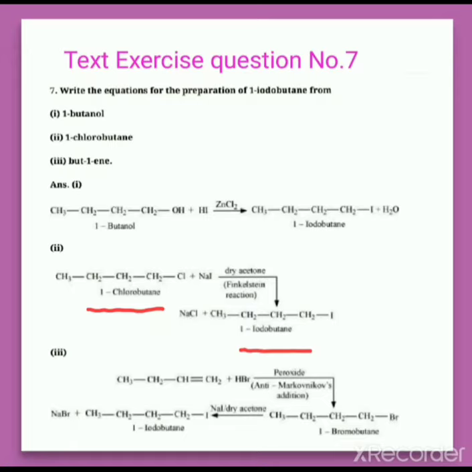That means they have the same alkyl group R. This is RCl and this one is RI.